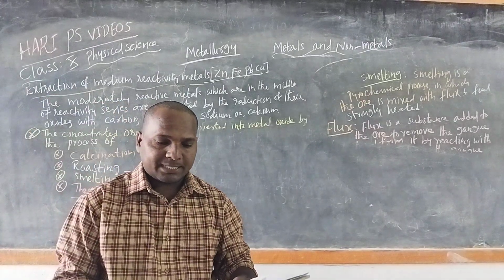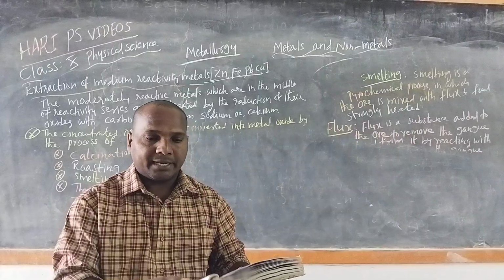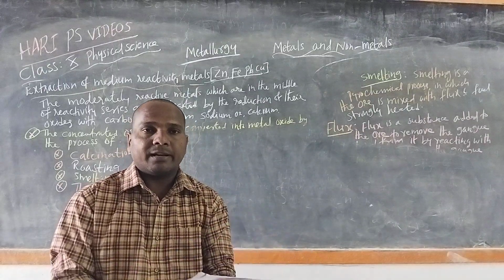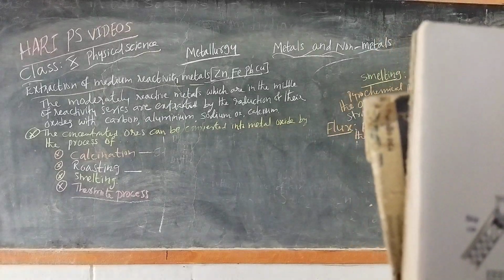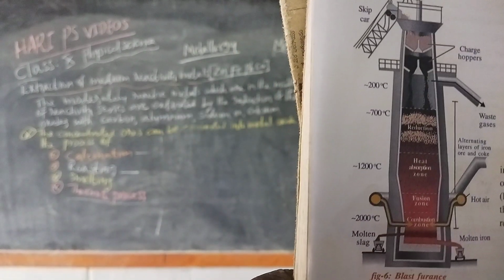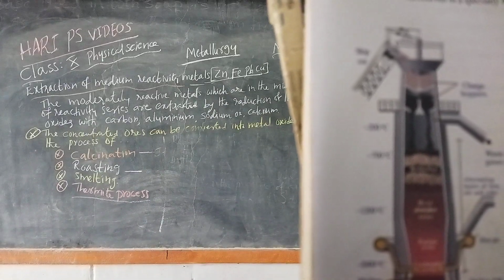Here I will show you the picture. Roasting takes place in the reverberatory furnace. I will show you different furnaces, and I will share the picture. So this is a blast furnace.